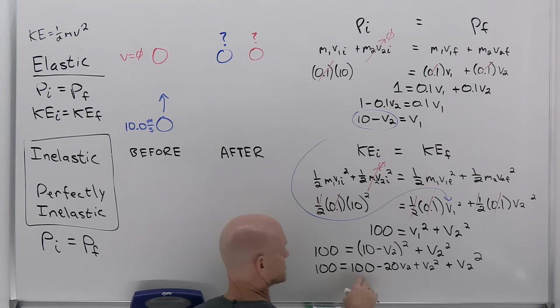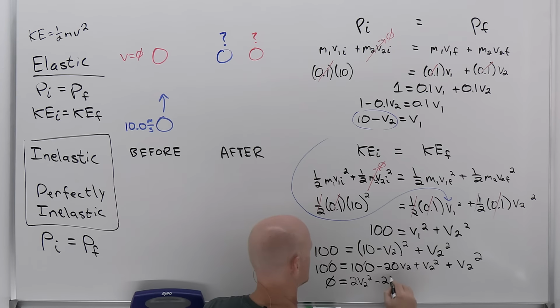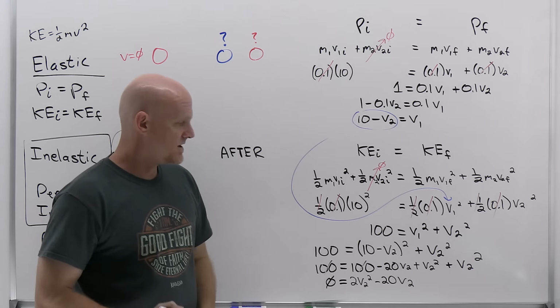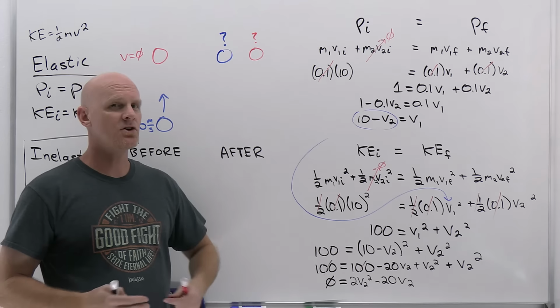And in this case, we can subtract the 100 from this side, and those terms go away. And we're going to be left with 0 equaling, and I'm going to put the V squareds first, to put it in a quadratic looking order. So that's going to be 2 V2 squared minus 20 V2, and that equals 0. And we don't have a c term in our quadratic here.